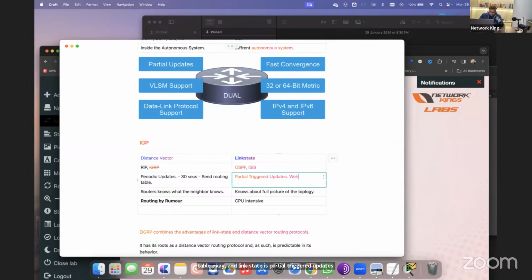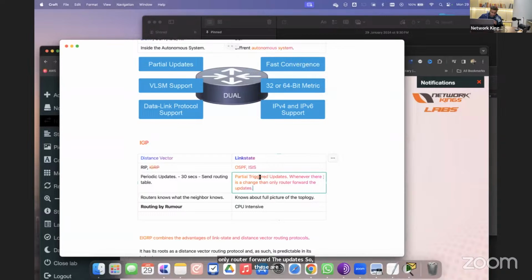Whenever there is a change, only then does the router forward the updates. So these are called partial triggered updates. Whenever it is required, only then will the updates go.